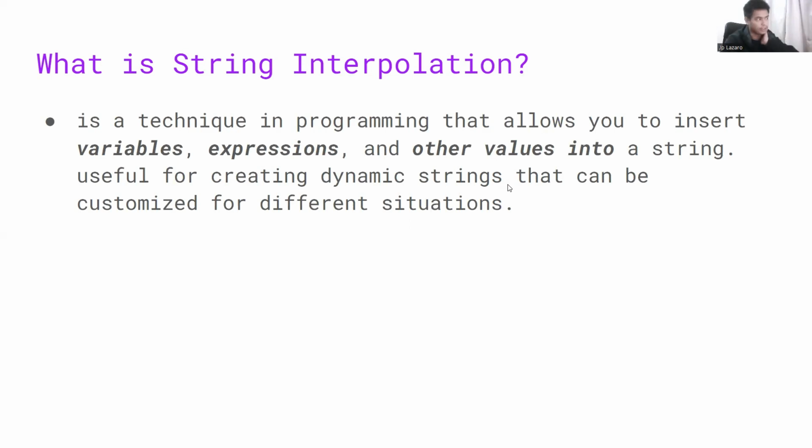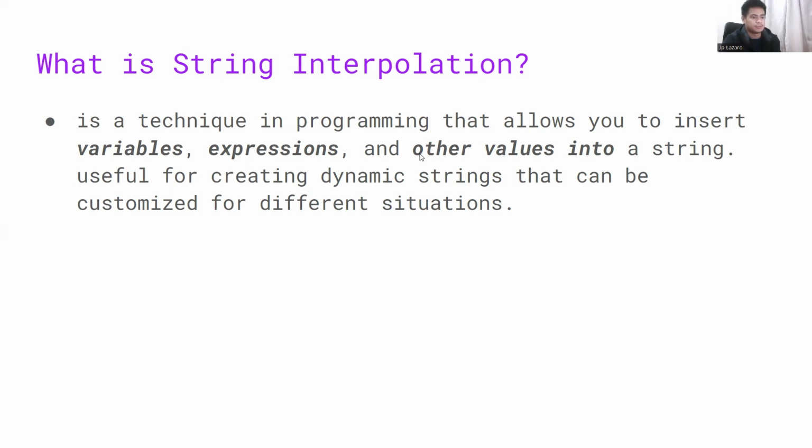into a string. So the purpose of it is to be more flexible, adaptable, and maintainable in terms of change. And if we want to create dynamic strings where the data is always changing, we can customize our output depending on the variables that we want to see.